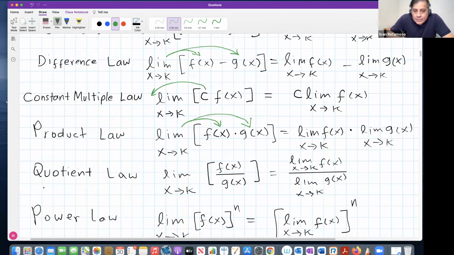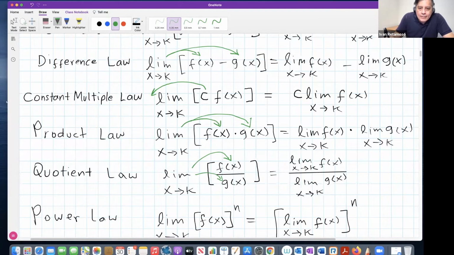Also, mathematicians showed that limits can be distributed over quotients, or divisions of polynomials or functions in general, right? So the limit of f of x divided by g of x should be equal to the limit of f of x on the numerator over the limit of g of x on the denominator, right? The limit of a quotient is the quotient of the limits.